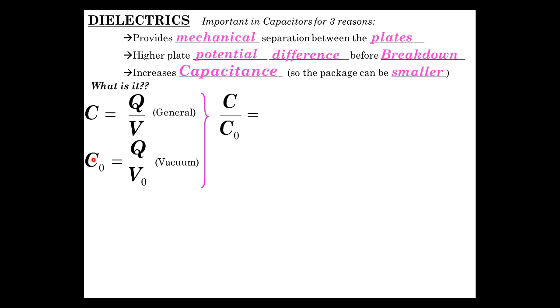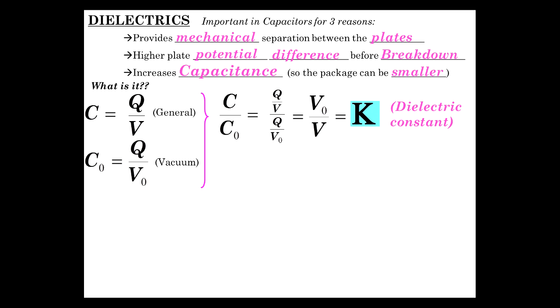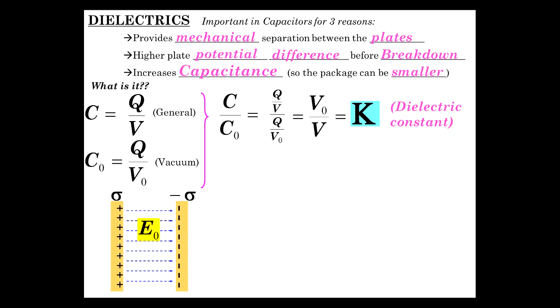This is when there's just a vacuum between the plates. Okay, the ratio of those two capacitances is Q over V0 over Q over V, which is V over V0. And so you see this ratio is the inverse of this ratio, essentially, functionally. That is the dielectric constant, cap K, as we'll typically just denote it.